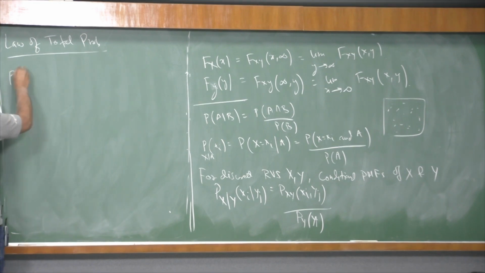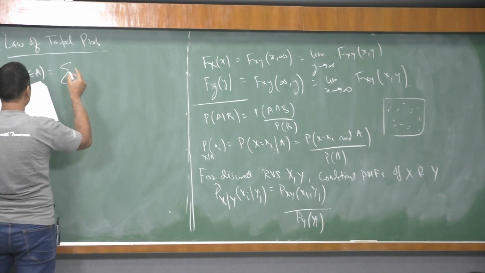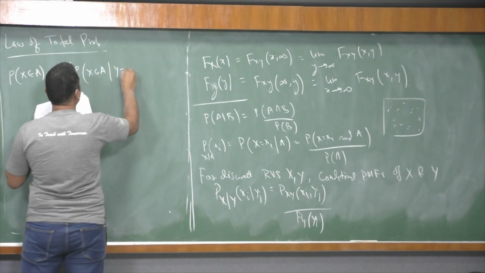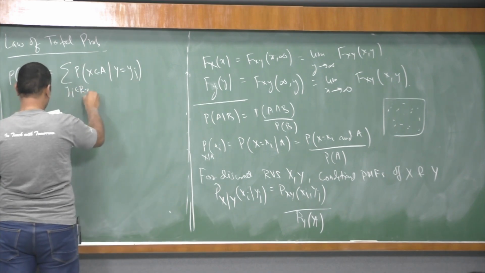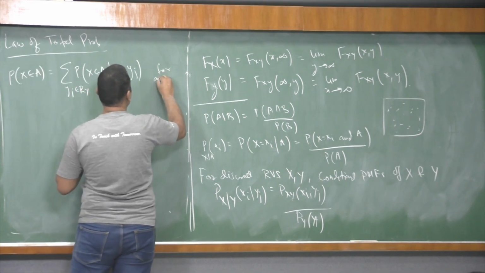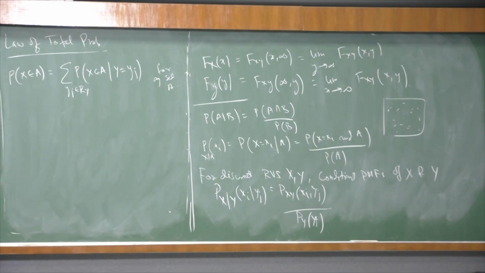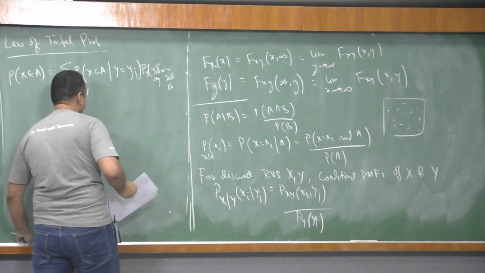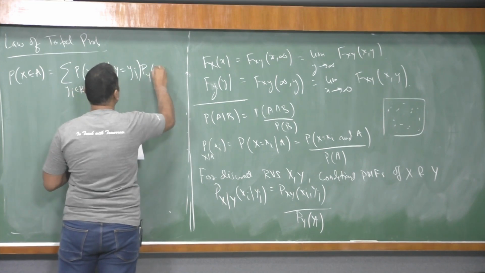So the probability that x is in A, I can compute using the partition given by the y random variable: the sum over yj in the range of y of the probability that x is in A given y equals yj, for any set A. Obviously I'm missing something here; at the end I should have p_Y(yj) also.